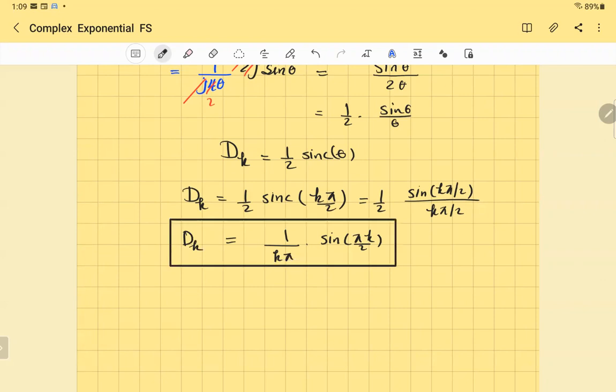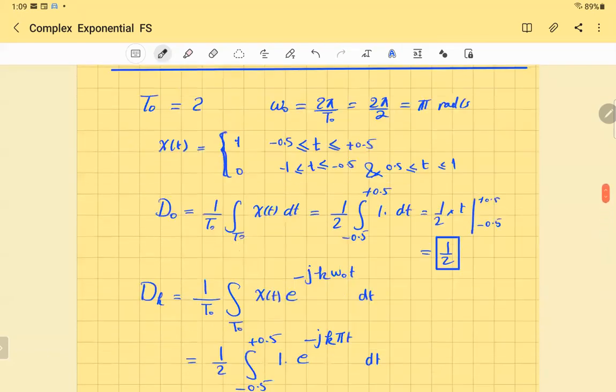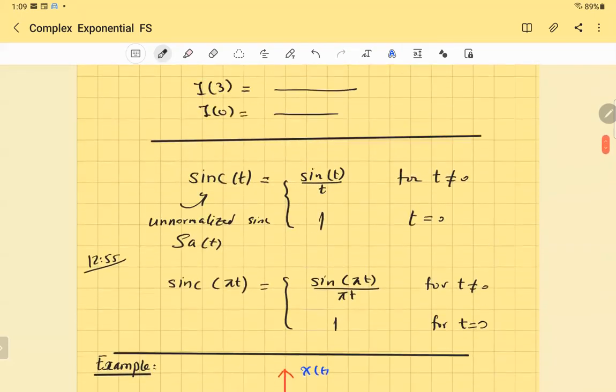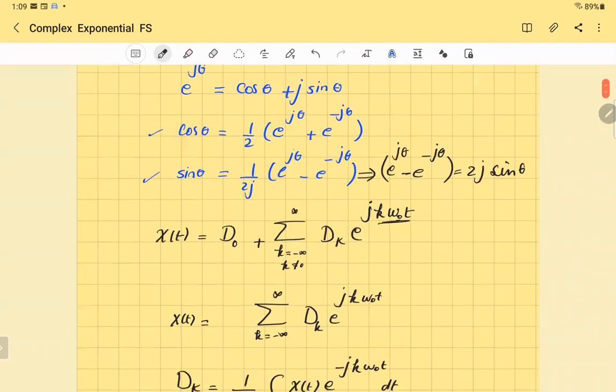In simple terms that we know, I can now get all the coefficients. If you put k, then you can find d_k. By the way, there's something here. Did you observe, when we are using the exponential Fourier series, what is the formula here?